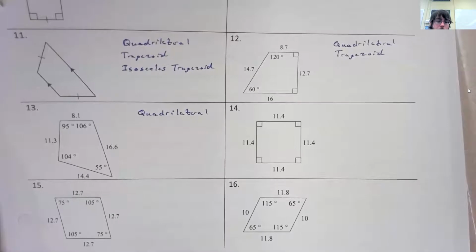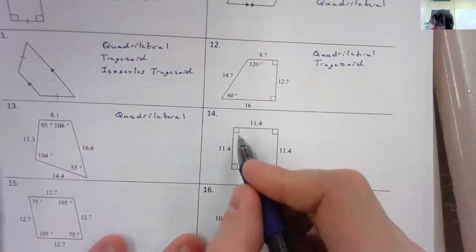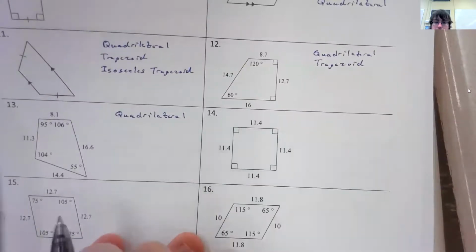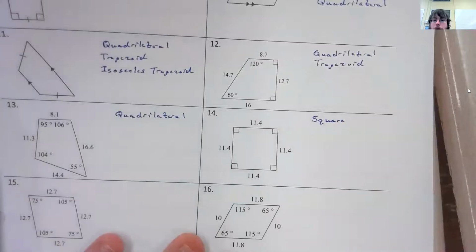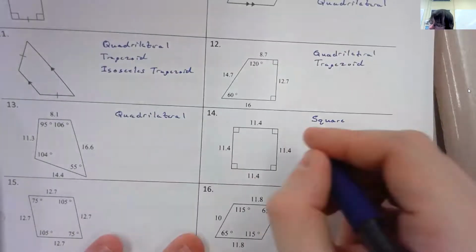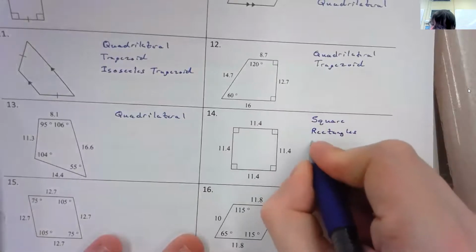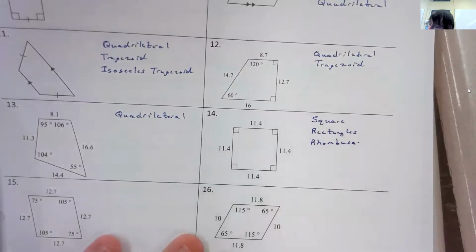then come back and check your answers with the video. All right, so number 14, we see that we have four right angles and four congruent sides. So since we have four right angles and four congruent sides, we know this is a square. Now, all squares are rectangles. All squares are rhombuses, or rhombi, as some people like to say.